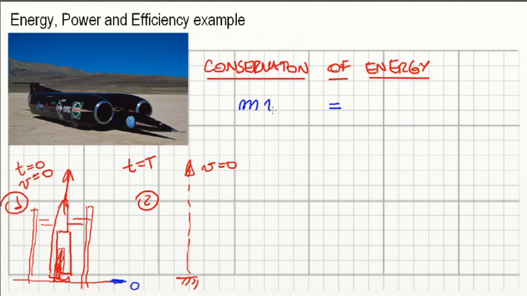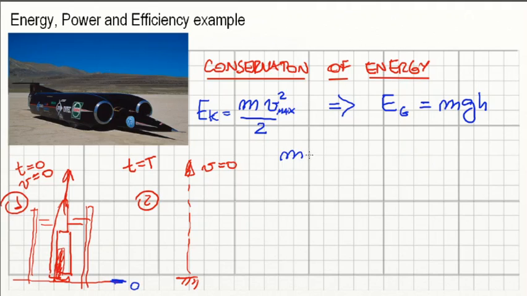So we know that mv squared over 2, which is the maximum. Let's put the maximum here. So this is the maximum energy that our car provided. And we're assuming now that all this energy has been converted into gravitational potential energy. So we can calculate that by mgh.